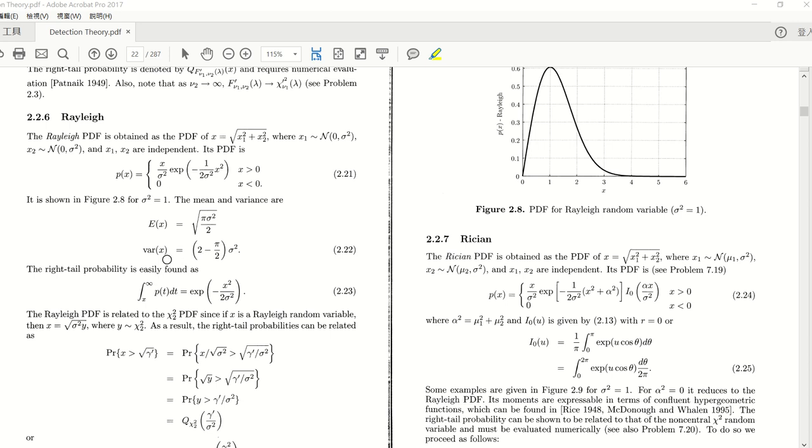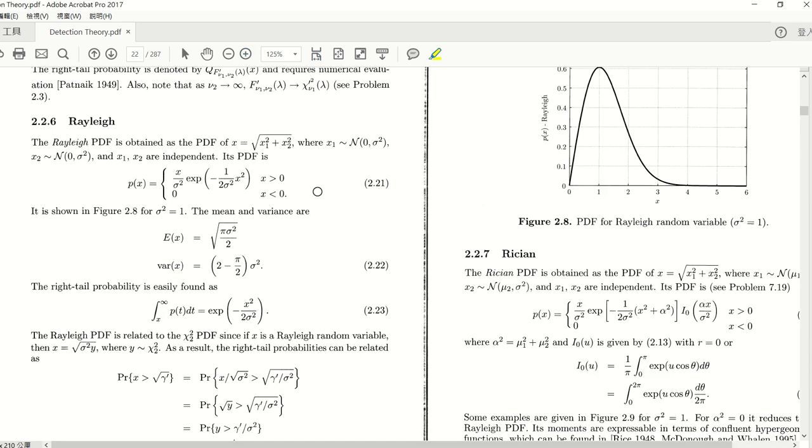And then the right tail probability is the integral of this p of x from x to infinity. So it's like we are doing integration from a point up to infinity. That's the right tail.